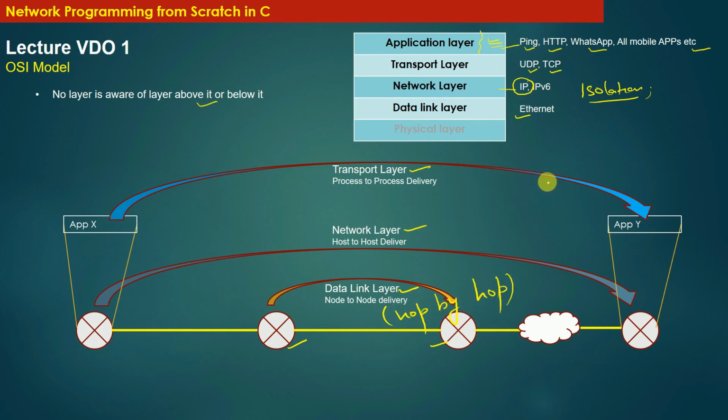So that's all for the introduction of the OSI model. Since it's completely theory, I am wrapping it up fast, otherwise you will feel sleepy. I want to cover the theoretical part as fast as possible so that you can start on the assignments as soon as possible, because networking by its nature is a very theoretical subject.